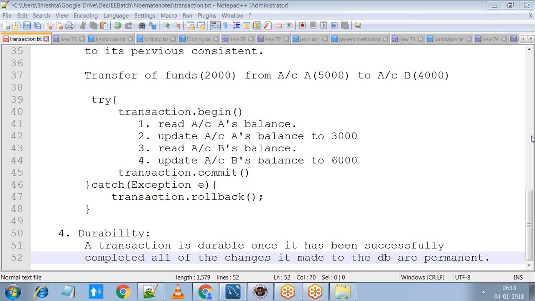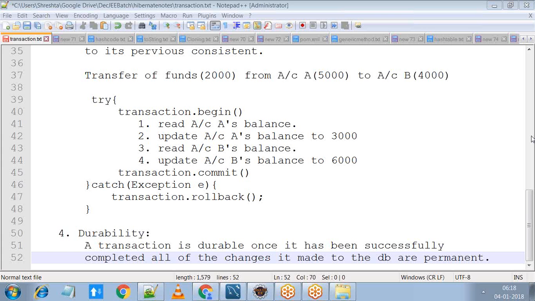So how do we implement this in programming? How do we make our transactions durable? What do people think? By committing. That's right.